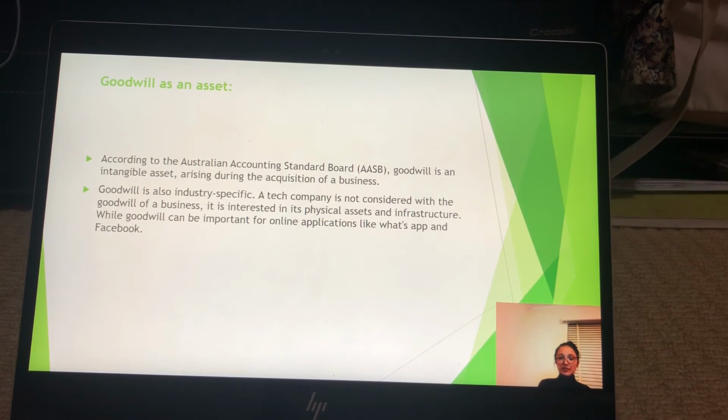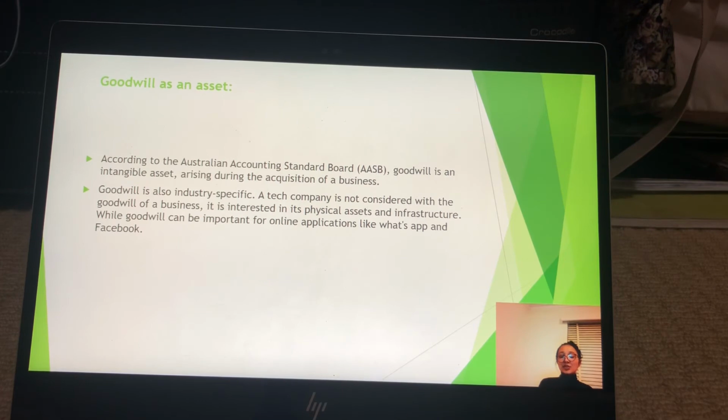According to the Australian Accounting Standards Board, goodwill is an intangible asset arising during the acquisition of a business. Goodwill is the reputation of a business. In accounting terms, it is the excess amount paid by the acquirer over and above its net assets, contingent liabilities and purchased assets.